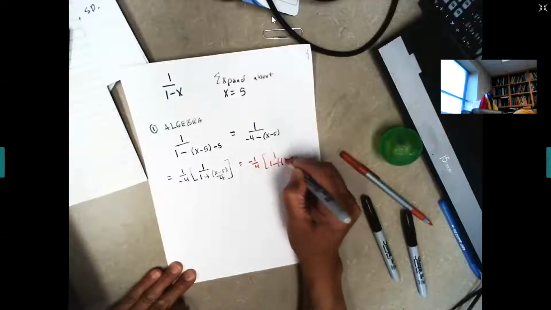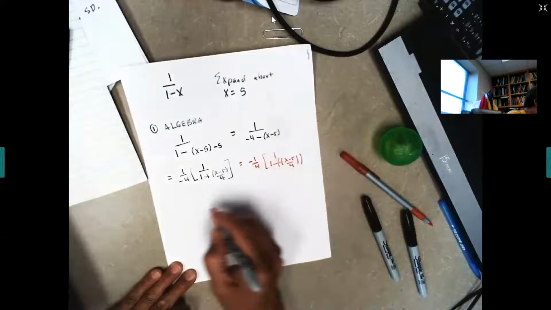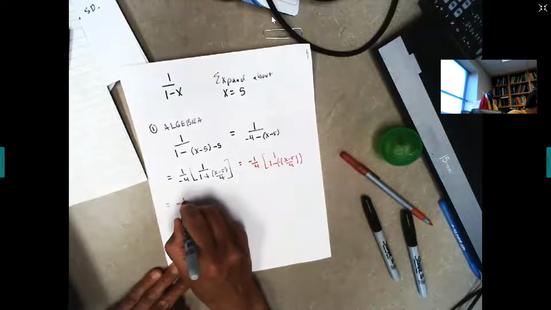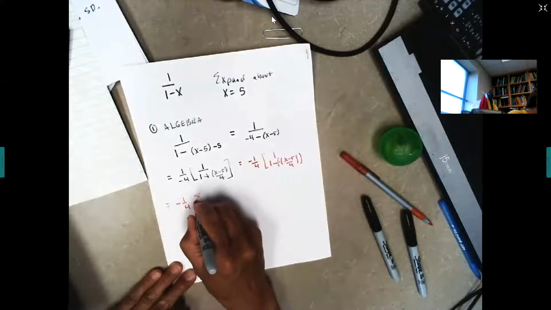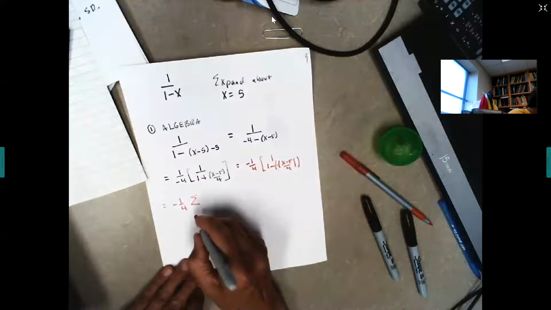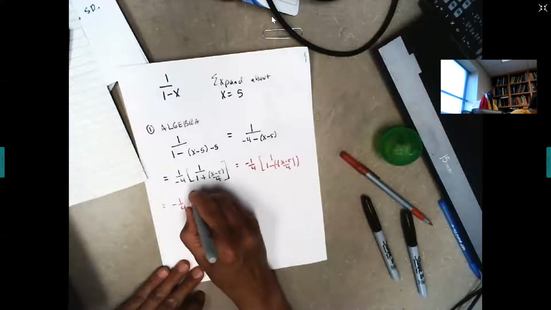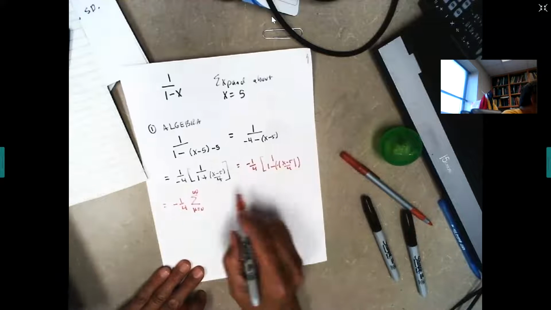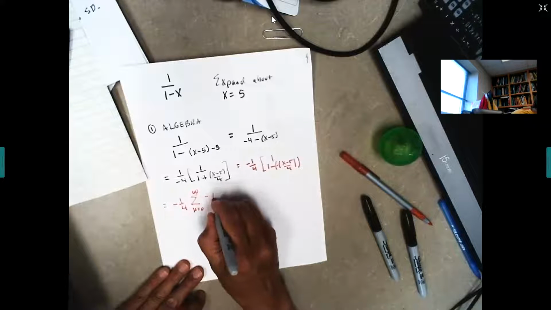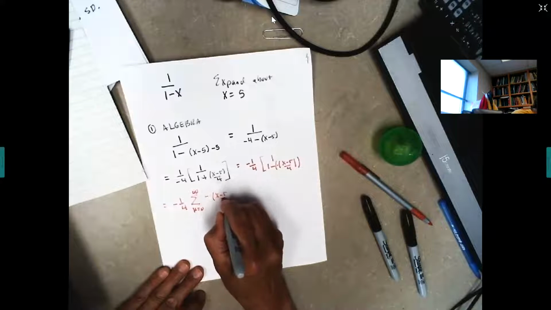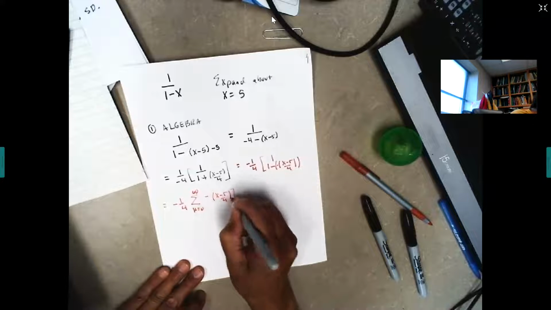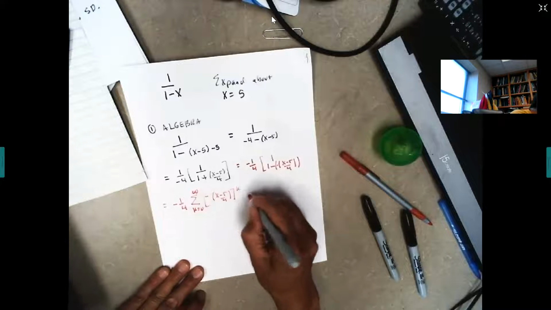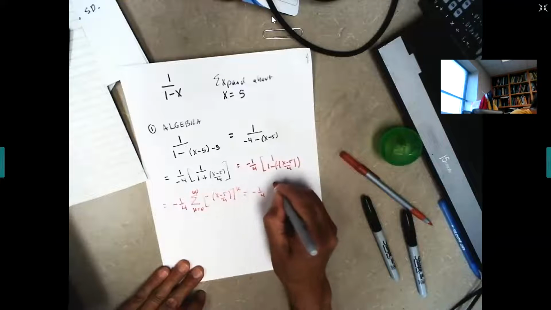There is now a negative inside here, the second negative. So this is negative 1/4 summation k equals 0 to infinity, and now we have this negative x minus 5 over 4, all raised to the k power, which we can write like this.